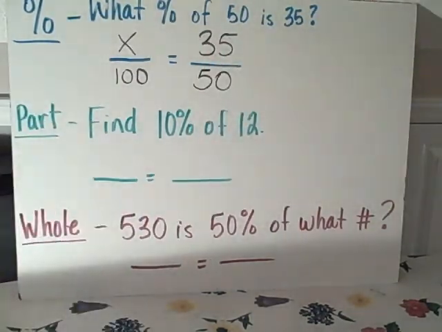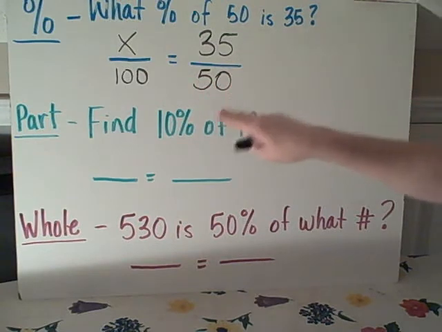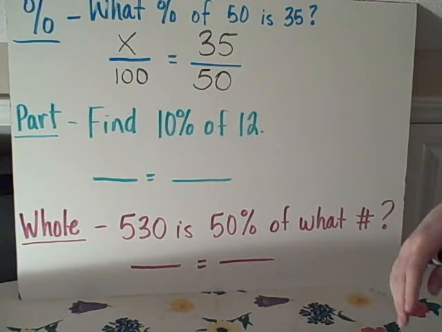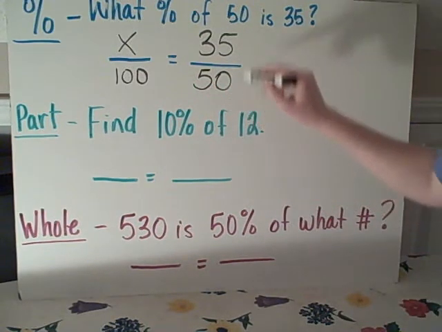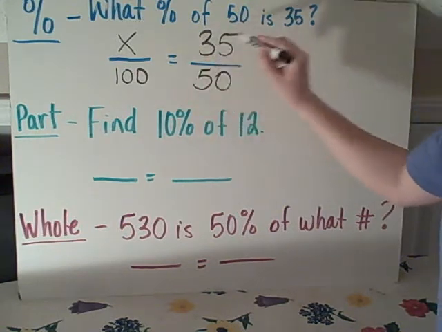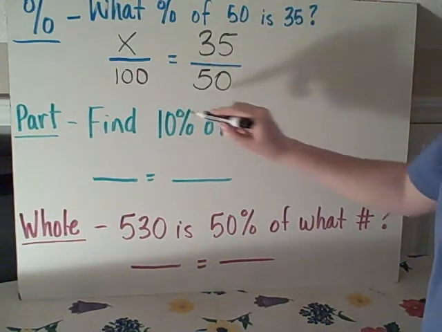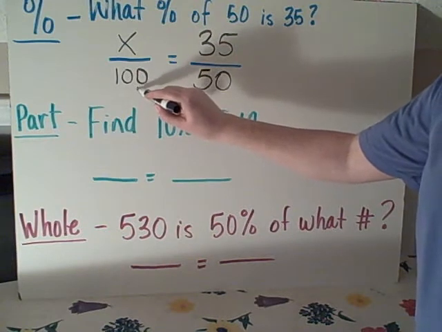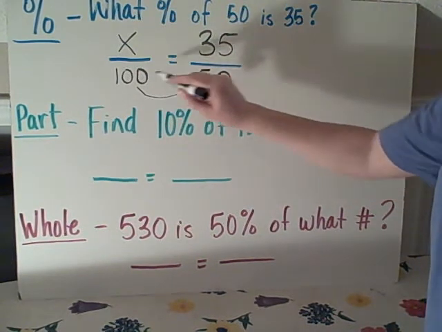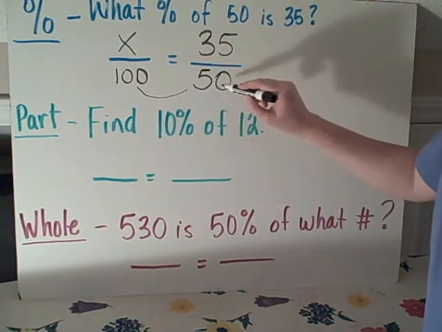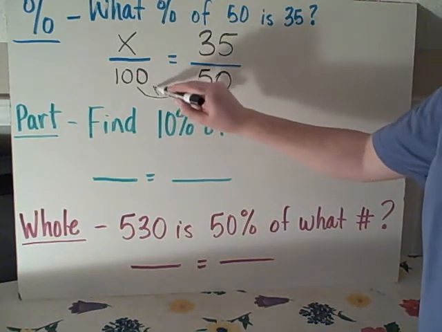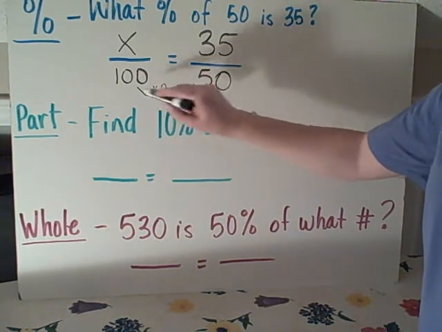Now I'm going to jump on the other side here so you can see a little better. If you remember, we've got lots of different ways that we can solve proportions. I can think about reducing them, I can diagonally multiply and then divide, or I can look to see, is there something I can do to go from one number to the other? In this problem, I can take 50, multiply it times 2, and get 100.